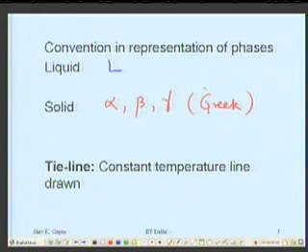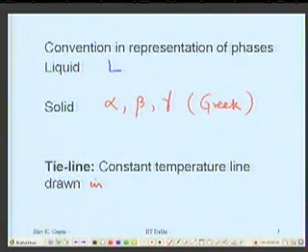Then I define another thing in the diagram, the tie line. The tie line is drawn in the diagram. Now I have the variables, composition and temperature. The composition axis is the finite one, and the temperature axis is semi-infinite. And we draw a constant temperature line in the 2-phase region.